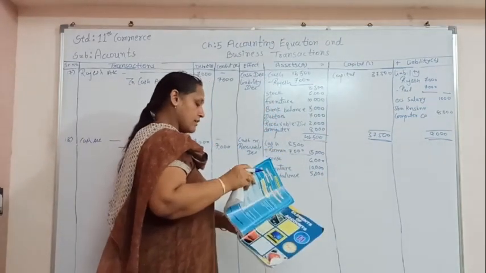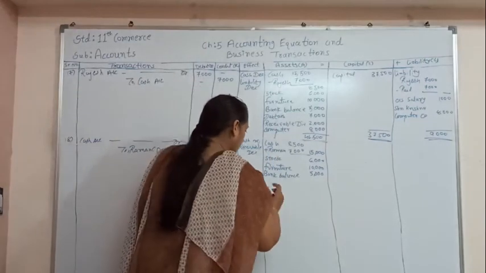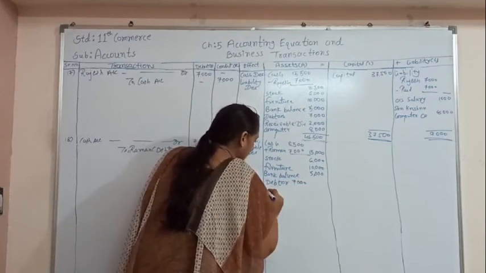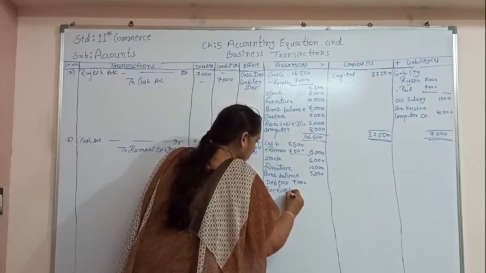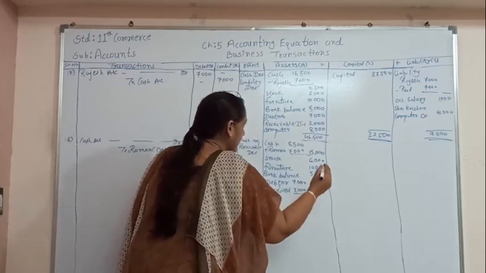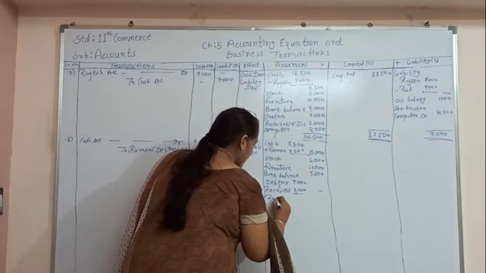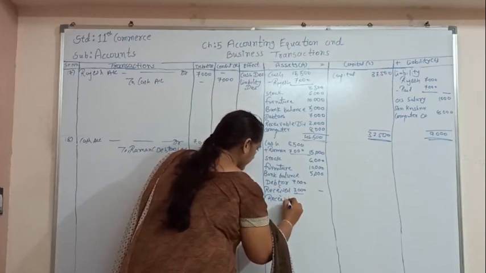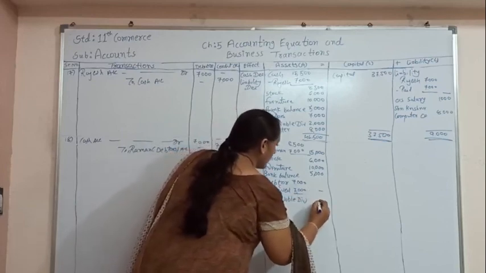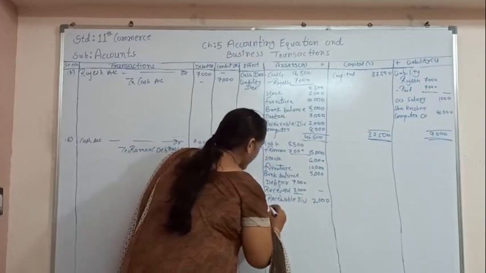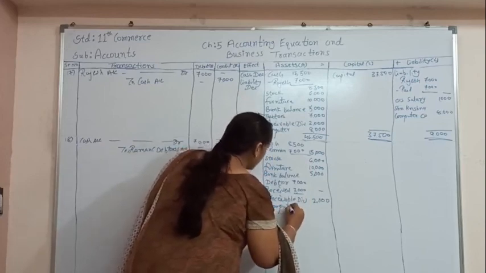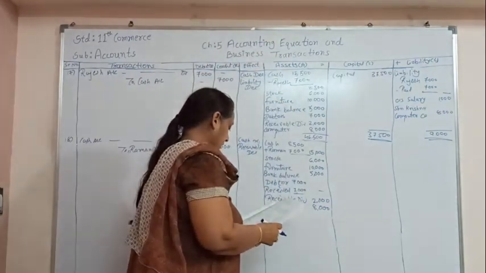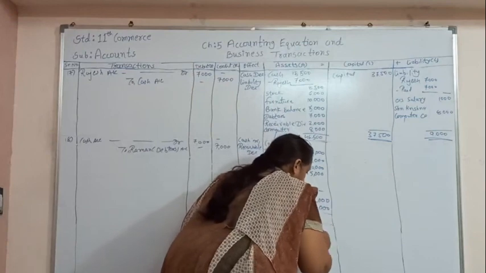So debtors, that 7,000, is now received. Now receivable dividend will be 2,000, and computer will be 8,000. So here we can see that the total of this will be 46,500.